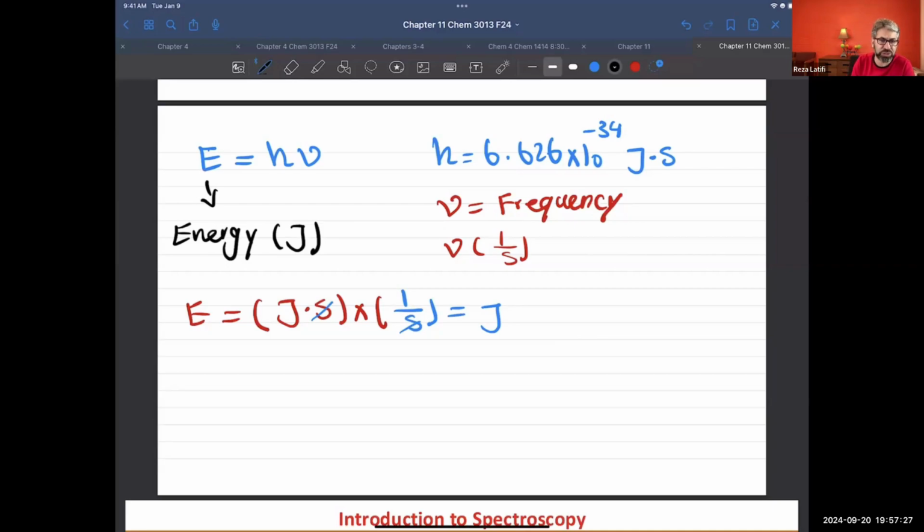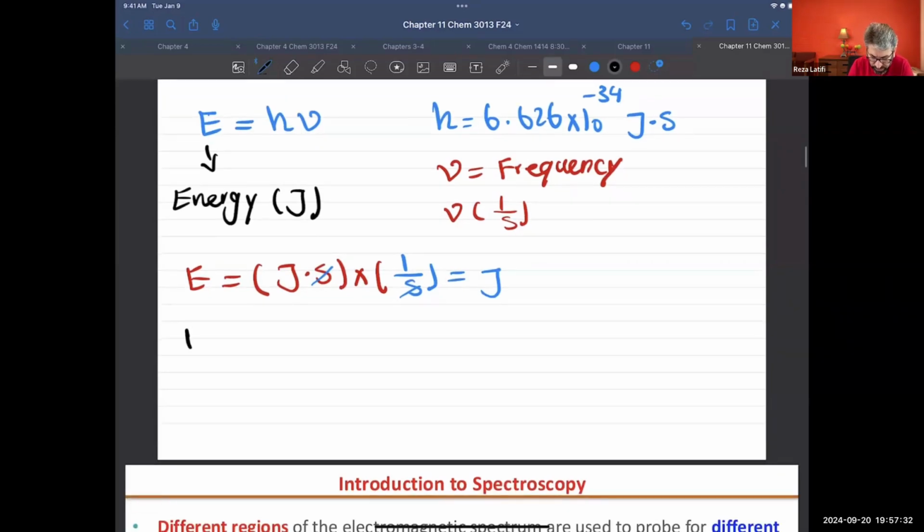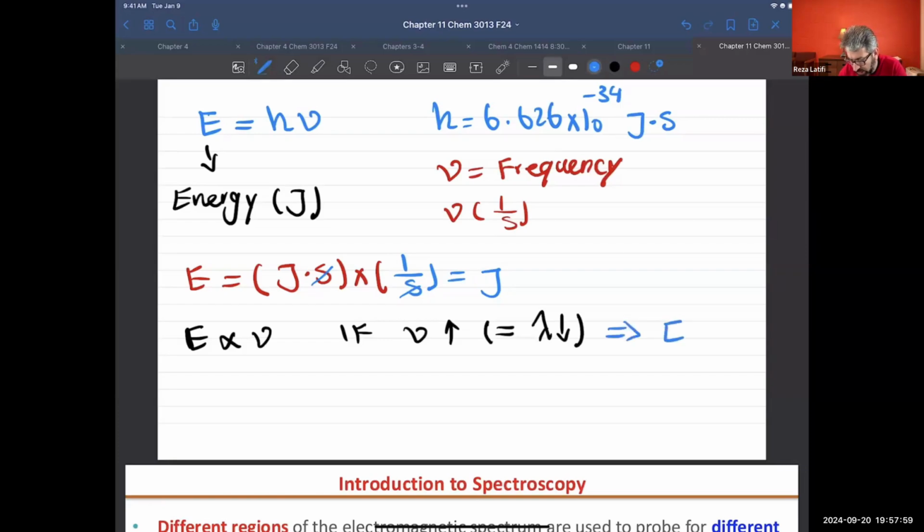Again, what's the relationship between frequency and energy this time? Energy is directly connected to wavelength. Sorry, frequency, my bad, frequency. What does it mean? It means if frequency goes up, which is equal to dropping the wavelength, that's going to increase the energy.